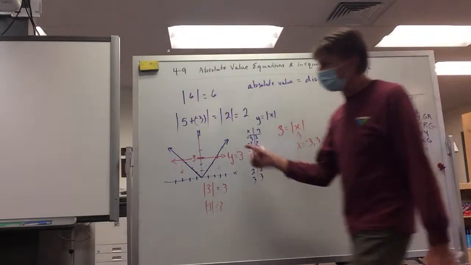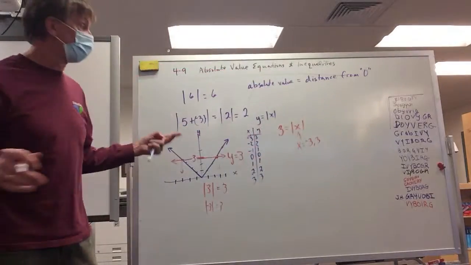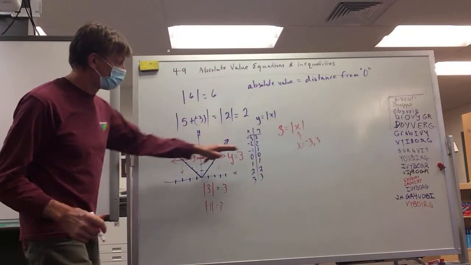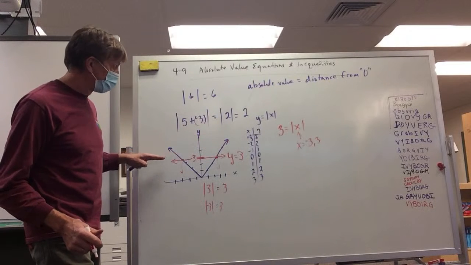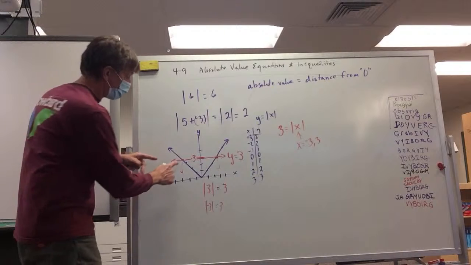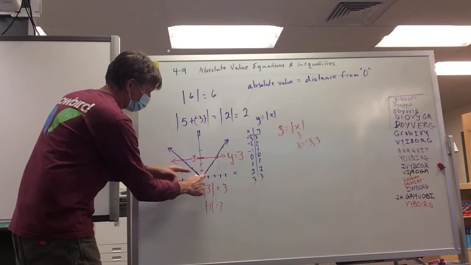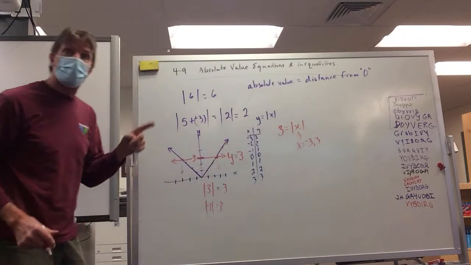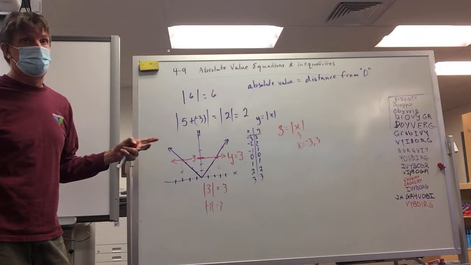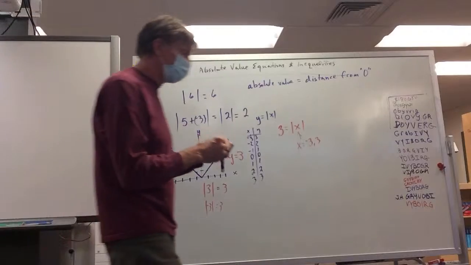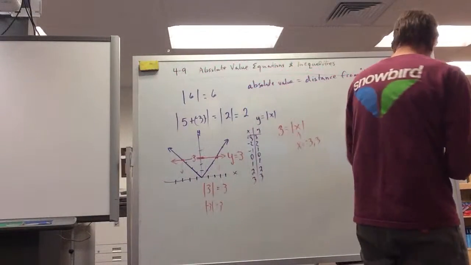And the book does a lot of this work where they say, if we're going to look at solutions, we're going to draw a horizontal line for what our solution is that we're choosing. In this case, y equals 3. And then we look at where that line crosses the absolute value equation. We did a lot of that kind of stuff over the last couple of years.